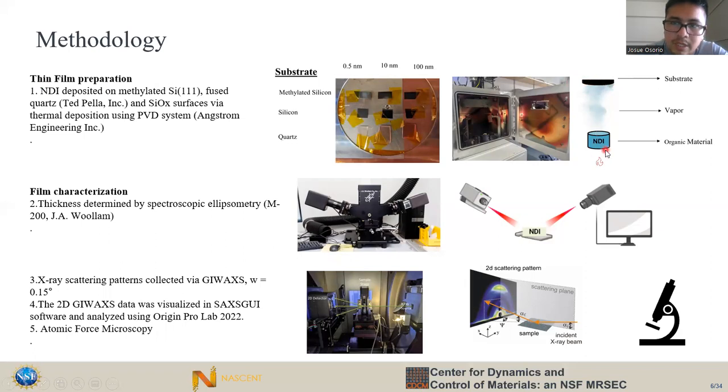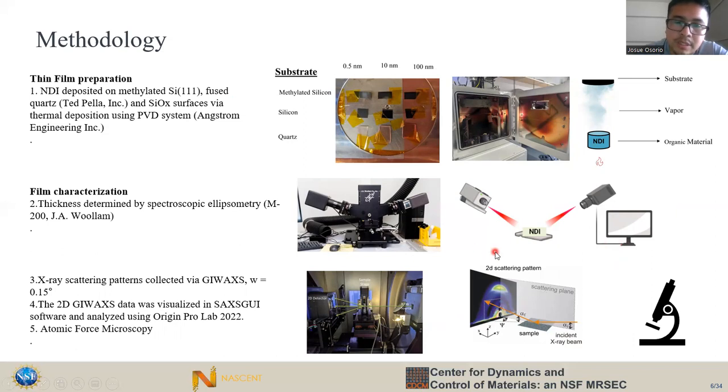And then with the ellipsometer, you see this camera right here? This camera is going to shoot some light, where this material will absorb, and what is not absorbed goes back to the camera on the other side, where it's going to estimate the thickness of the material that we were just talking about.